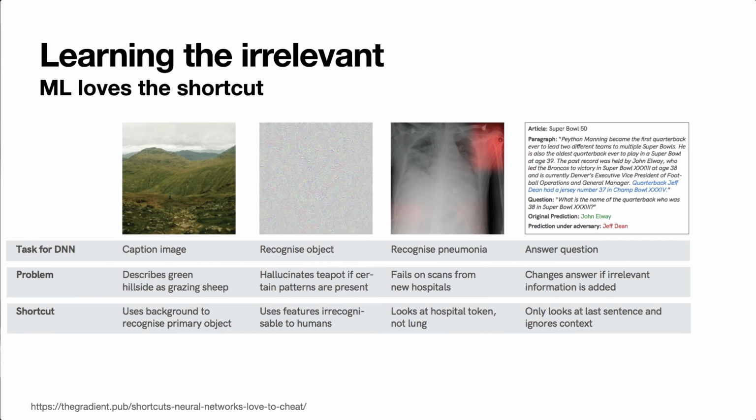Why was that? Well, what it turned out it was doing is it was using elements that are, this is the attention of the neural network, this red stuff. There's a little token here, which indicates which X-ray machine took the image. So it was learning to recognize which machine was doing the scanning.